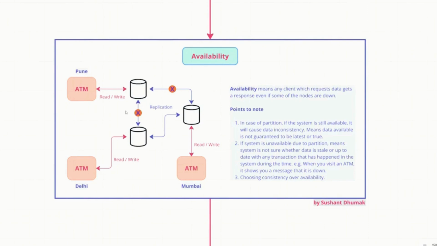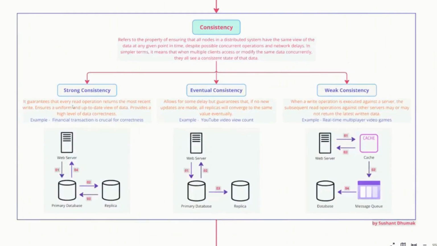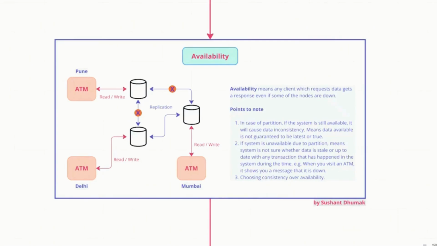As we discussed earlier in this chapter, we saw how strong consistency can be achieved, and the use case is financial transactions, because it is crucial for correctness. We have seen eventual consistency with the YouTube video count. It's not that important for the user. So that's why it is updated slowly, maybe after 5 seconds, maybe after 15 seconds, the count keeps on updating. Okay, so that is how consistency and availability are considered when we design a system.